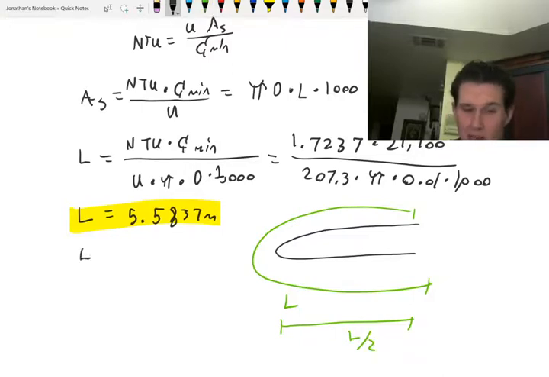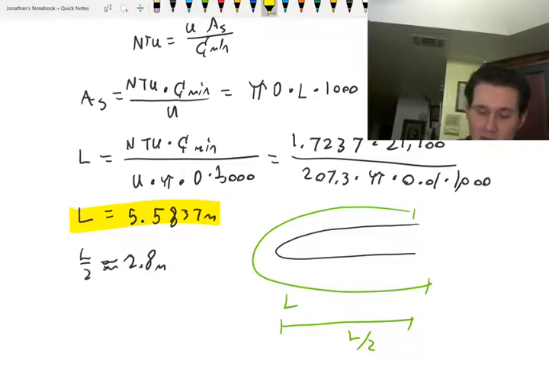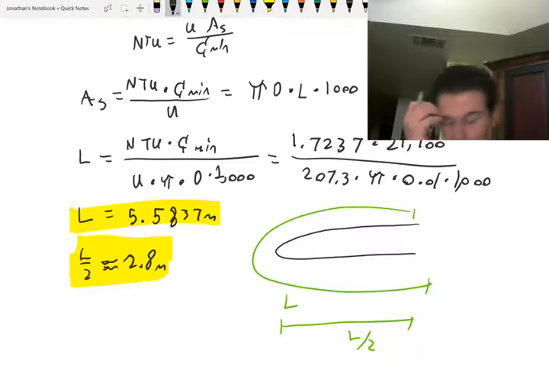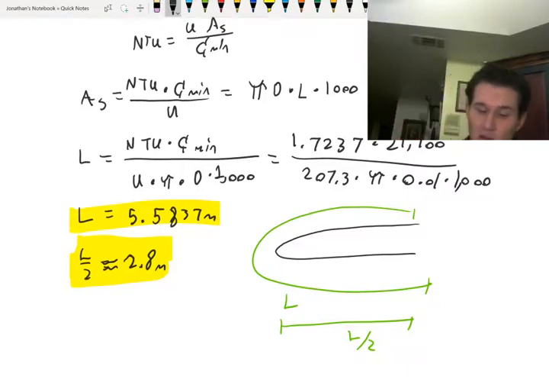It's nice that we have L, so L over 2 is roughly equal to 2.8 meters. That's roughly how long this heat exchanger is going to be. So after all that work, that's what we get. We get to know, after this design choice, roughly how long this pipe is going to be in this heat exchanger.